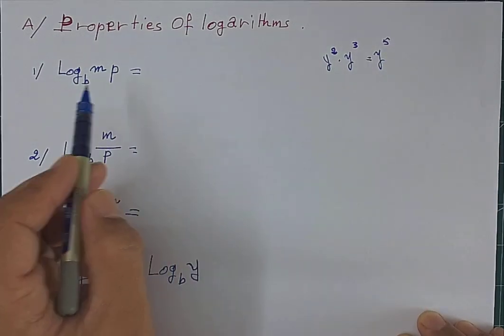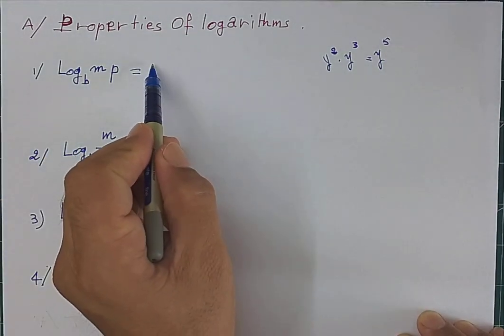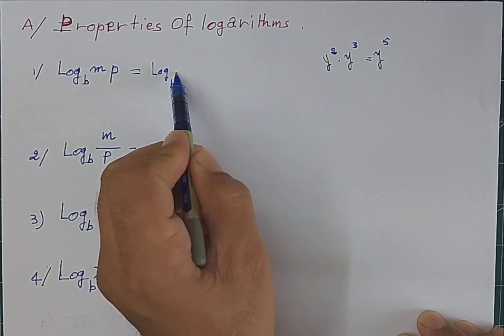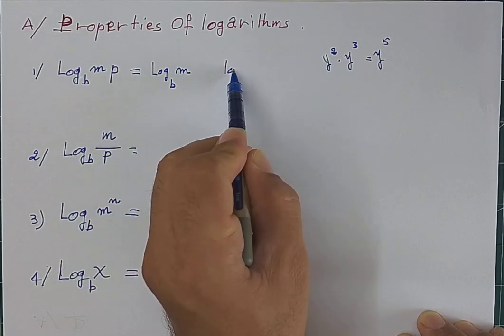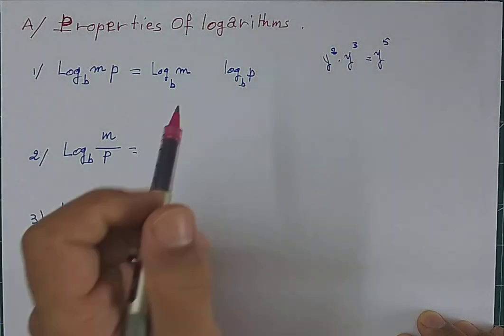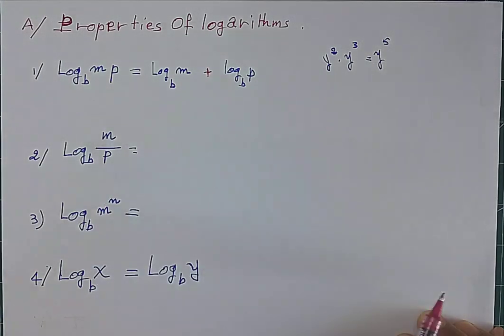So the same thing here, I can put log base b of m and log base b of p, and we put between them the sum.